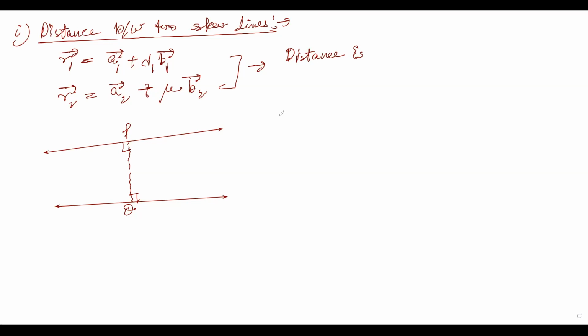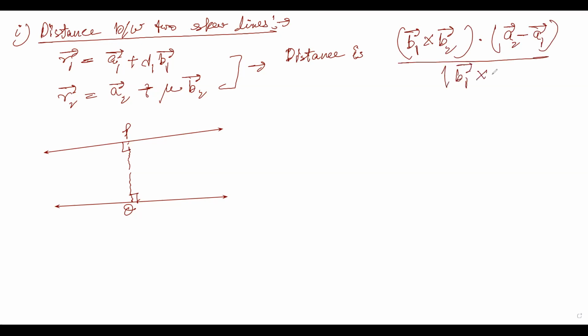The perpendicular distance, PQ, would be calculated as B1 cross B2 dot with A2 minus A1, divided by mod of B1 cross B2.